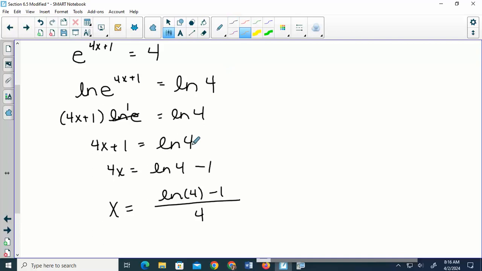Again, if you were putting this in, you either use the fraction feature or you need a second set of parentheses around the entire numerator because it's more than one term. So I get 0.0966.